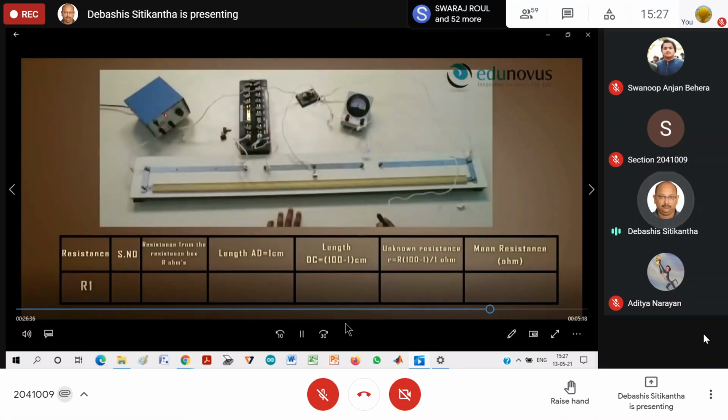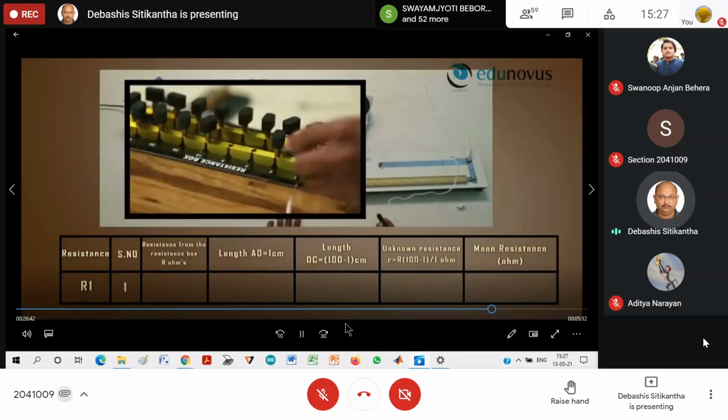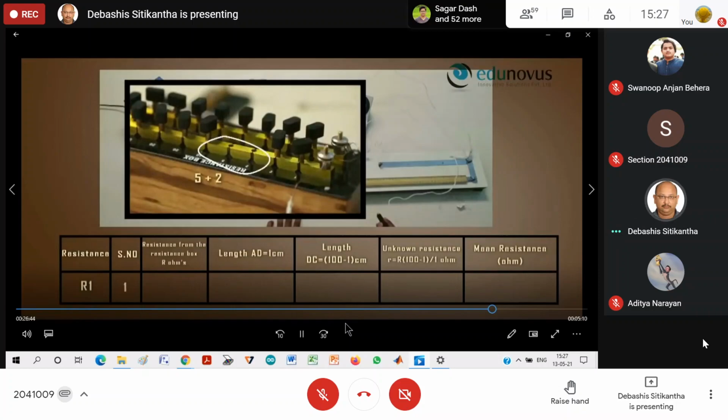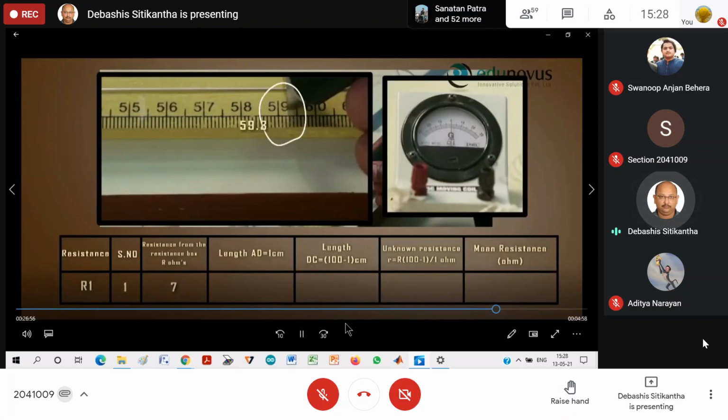R1 is connected in the right gap of the meter bridge. For a resistance of 7 ohm in the resistance box, the galvanometer shows null deflection when the jockey was at 59.3 centimeters.